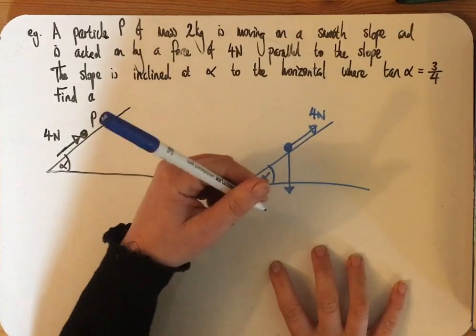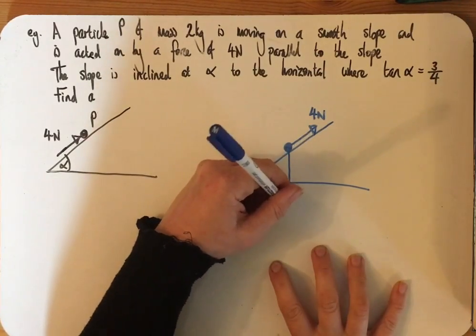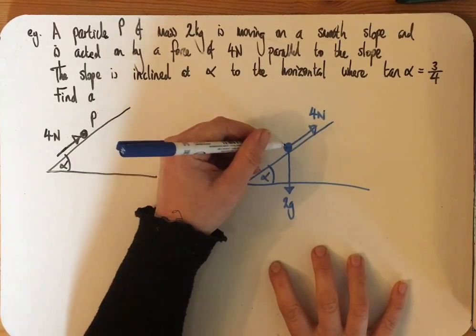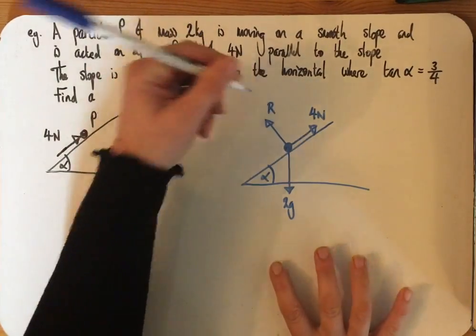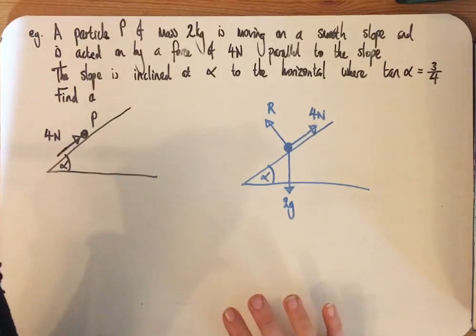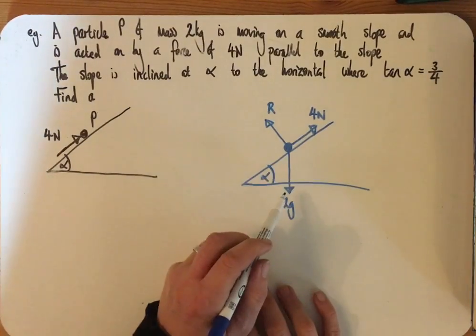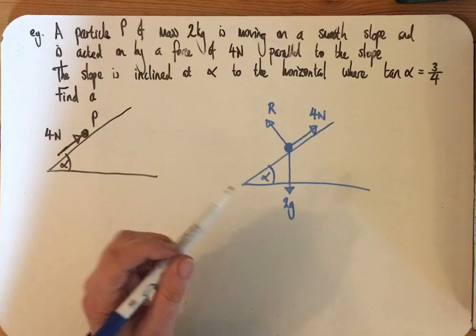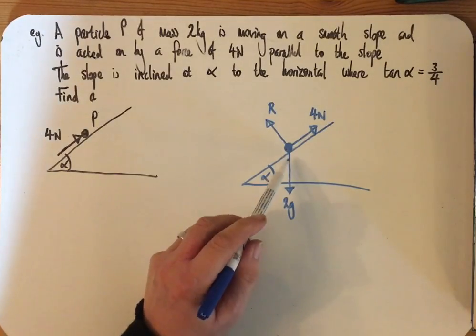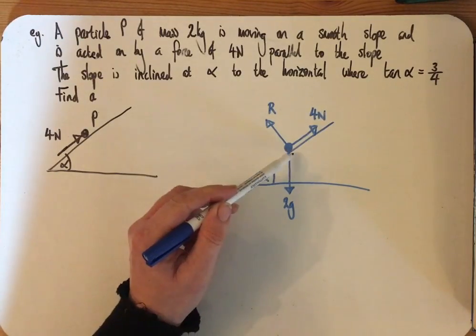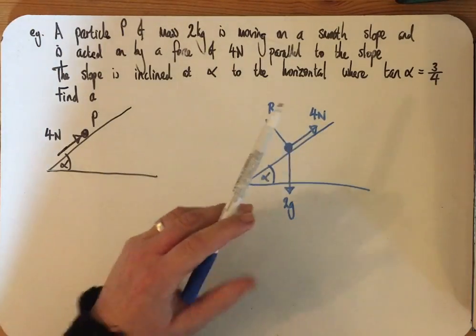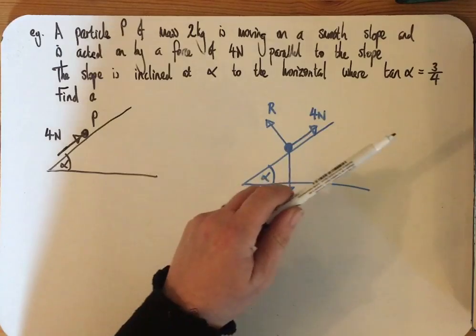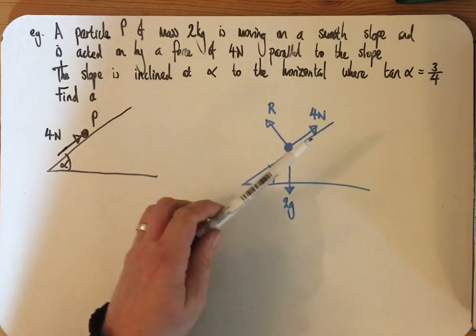Really similar to the last question. So I've got the weight going down, and I've got the normal contact force. And we don't know which way it's moving. So it might be moving down the slope, because the component of the weight in this direction might be more than 4 newtons, or it could be going up the slope and the weight's just slowing it down slightly.